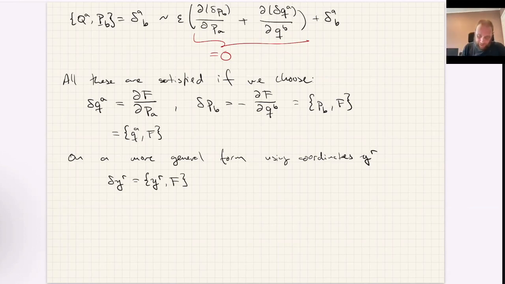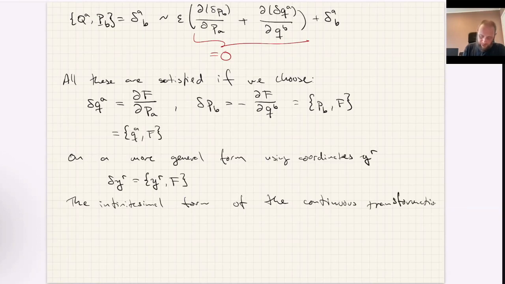So this is the infinitesimal form of the continuous transformation that's satisfying that y dot r should be equal to the Poisson bracket of yr and f, right?